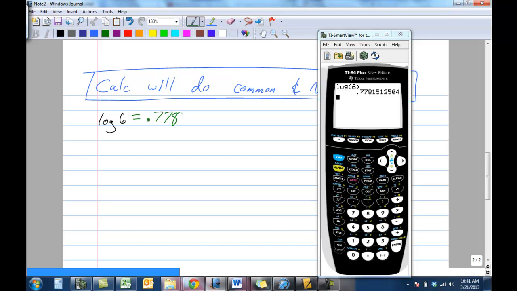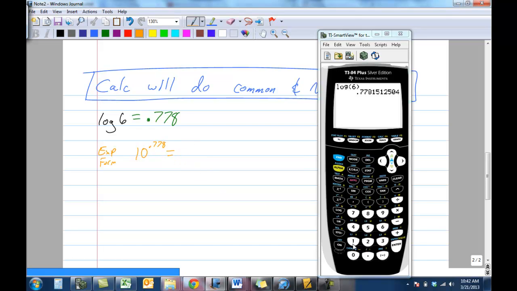Now, Smith, how do I know that that's the case? Well, let's think about this. If we were to write this in exponent form, what is the base? If there's nothing there, what's there? 10. So this is base 10 to the 0.778 power. That is equal to, oh, well, hold on.